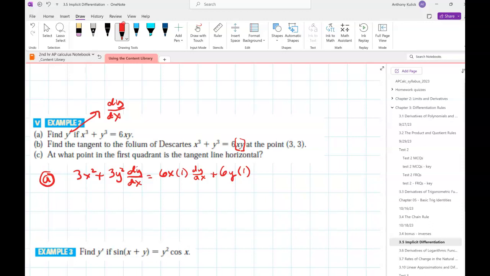So to get dy dx by itself now, I'm going to move the 6xy dy dx to the other side by subtracting it. And I move the 3x squared to the other side by subtracting it. Now that the dy dx's are on the same side, I'm going to factor that out like a greatest common factor.